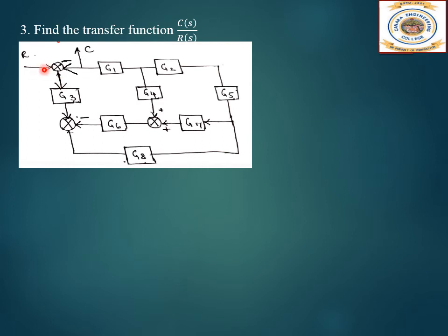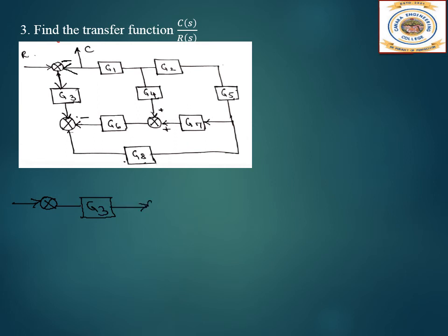Starting the direct forward path is R, then to this G3 block. Then the arrow goes here, then it goes to G8, then to G5, G2, G1, and then C. So we'll just redraw this first. It goes to a summation point, and the output of this goes to G3.